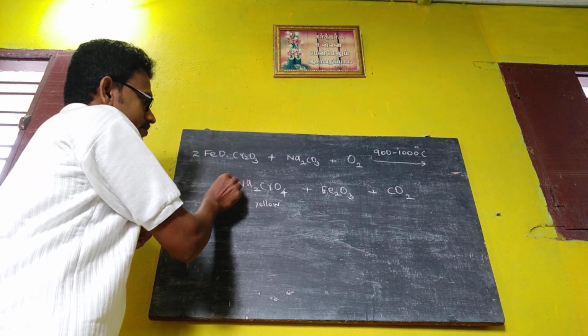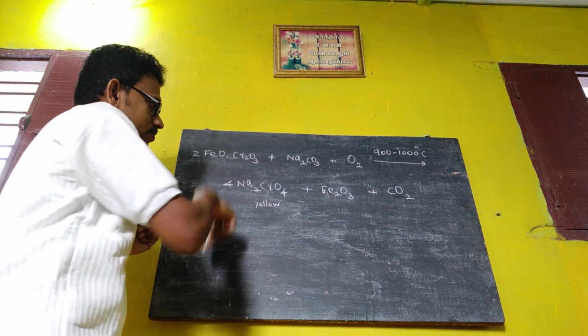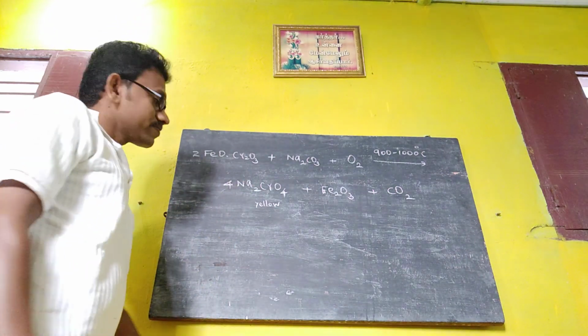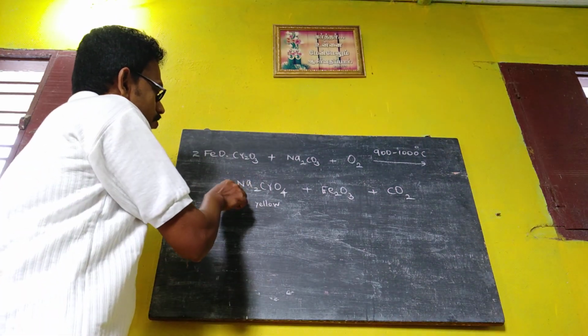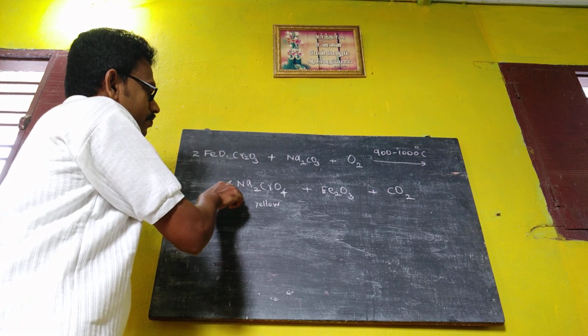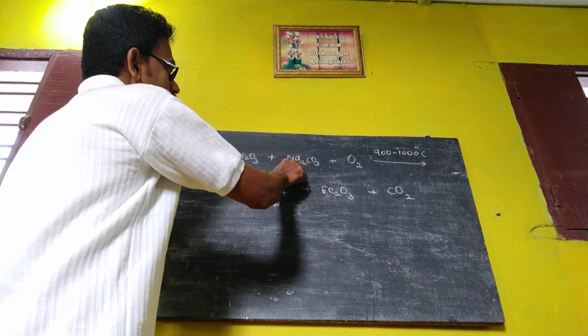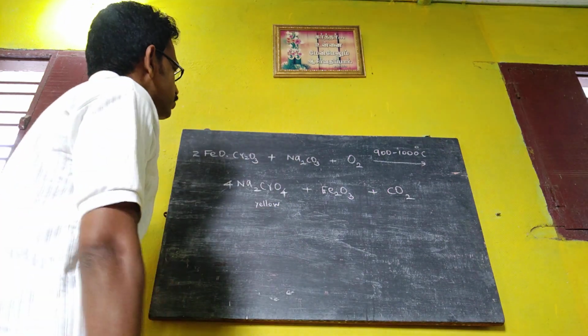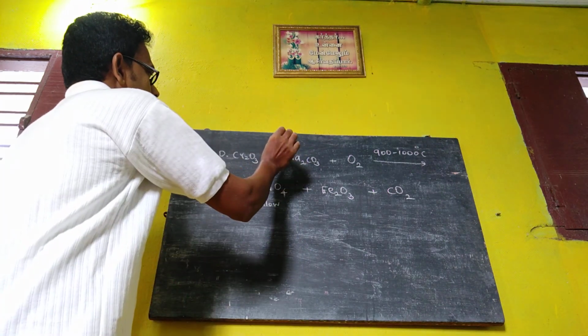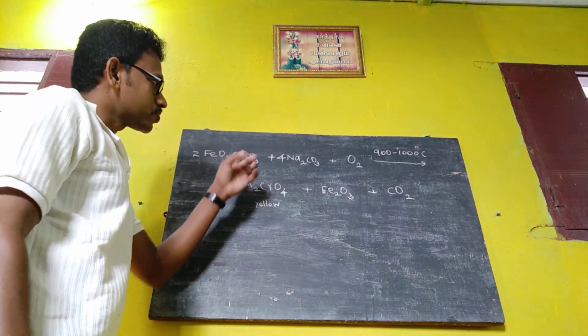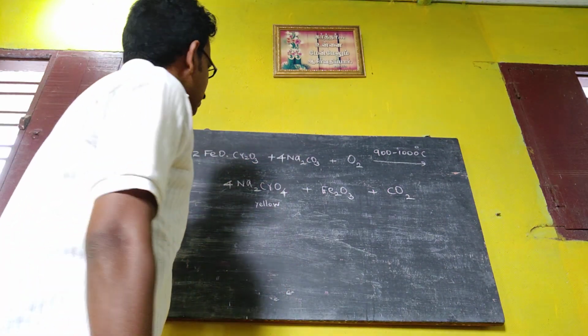So on the right side, put 4 chromium. So chromium is balanced. The third, sodium is here, 4 into 2, 8 sodium. But here only 2. So put 4. Now the sodium is balanced.